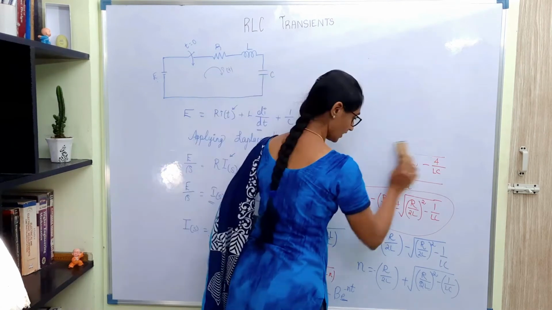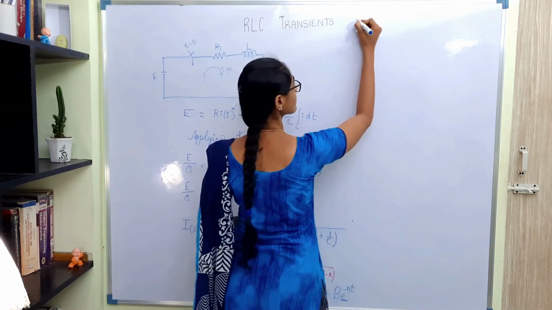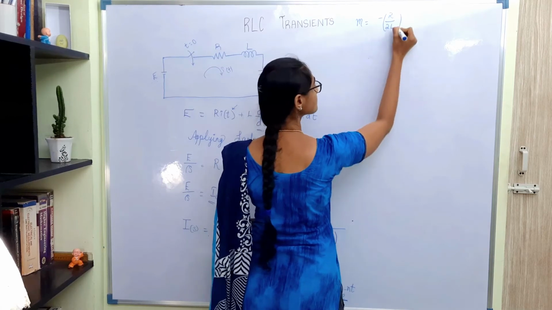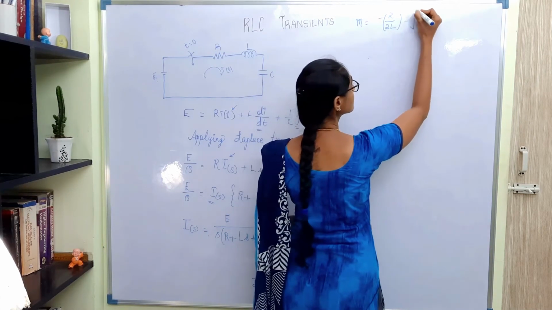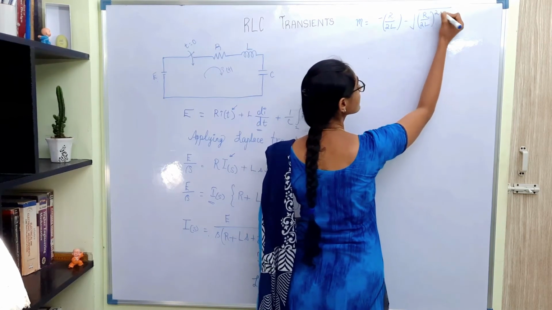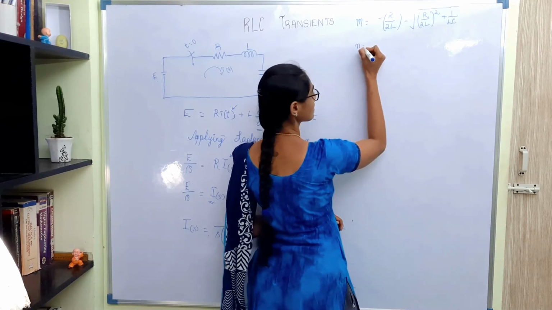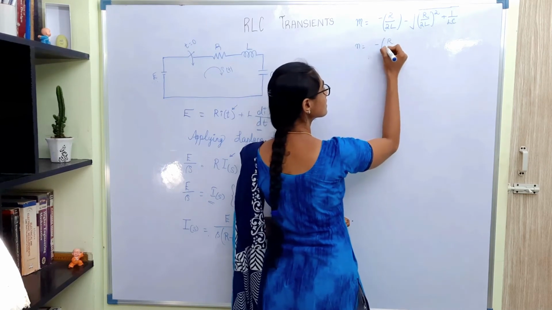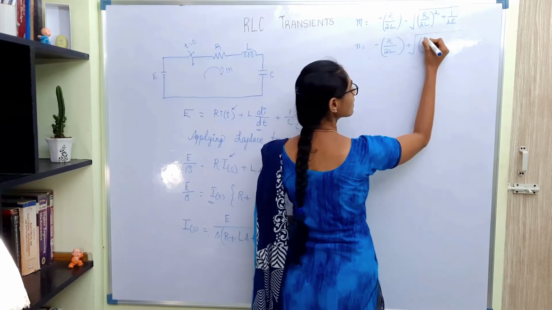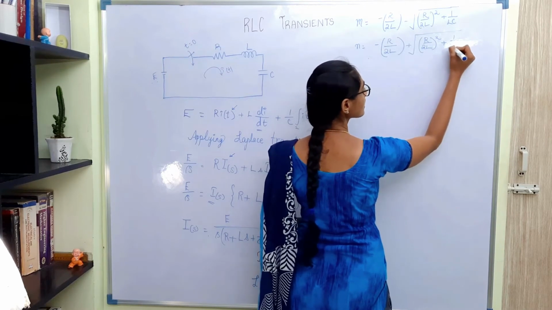I am rubbing out this calculation part and retaining this term. M is a root which is minus R by 2L minus square root of r by 2l whole square plus 1 by LC, and we have another root which is minus r by 2l plus the square root of r by 2l whole square plus 1 by LC.